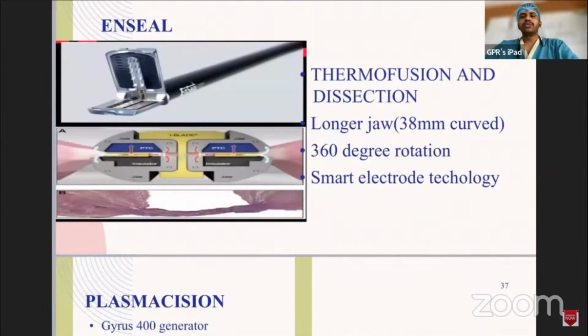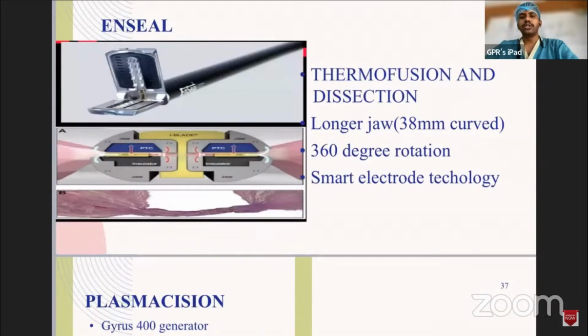To make up for the disadvantages of the LigaSure, next comes the EnSeal, which functions on the principle of thermofusion and desiccation rather than causing coagulation. These jaws are longer, as much as 38 millimeters, and it has the advantage of 360-degree rotation, which is not possible with the LigaSure.